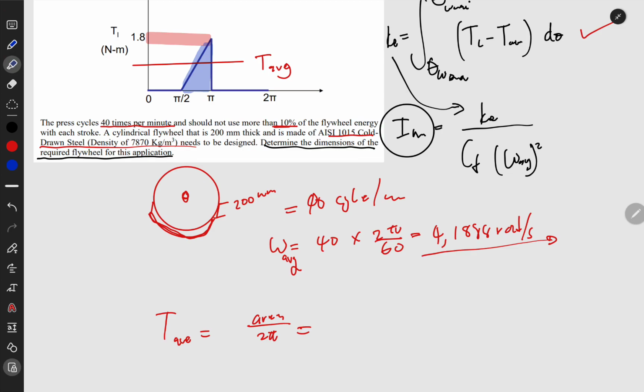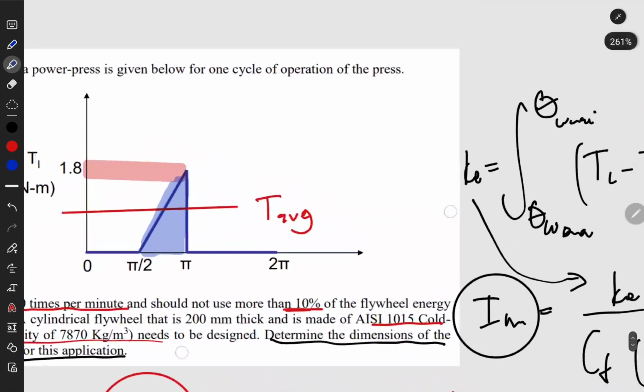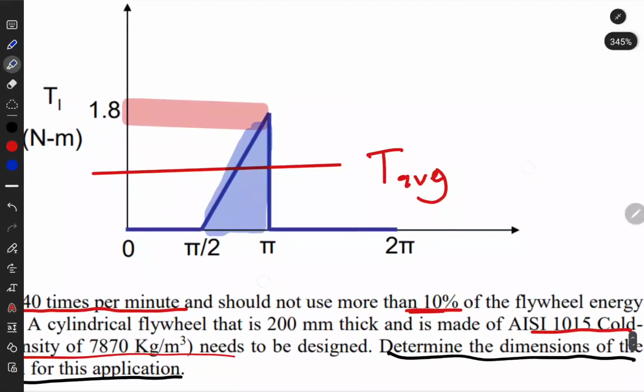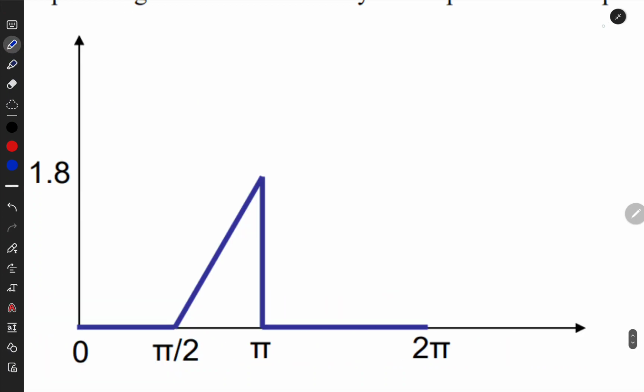So I can just go in there so that my computations become clear for you. I hope it is big enough. So we said our torque average is going to be literally area all over 2 pi.